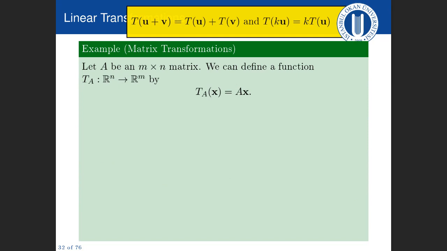The first example of a linear transformation I'm going to give is a matrix transformation. Let's suppose A is an M by N matrix, and then we can define a function from Rn to Rm by this. T subscript A of x, our function, is going to be equal to Ax, A multiplied by x.